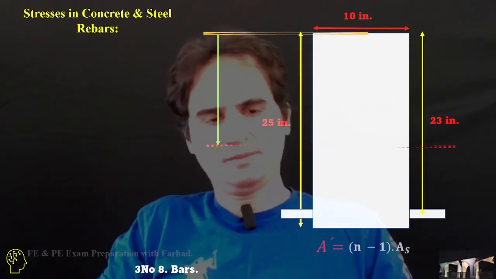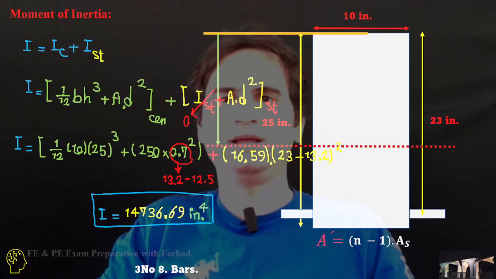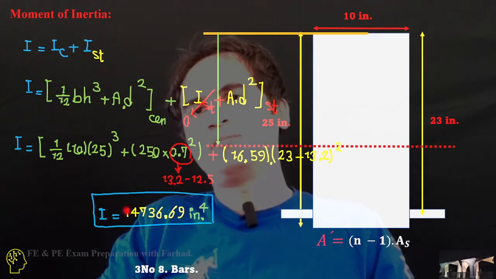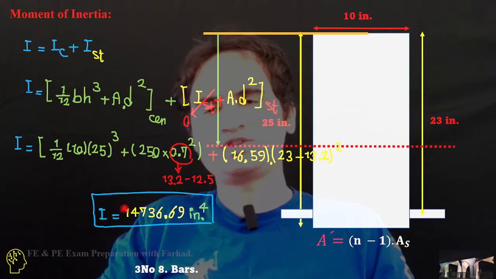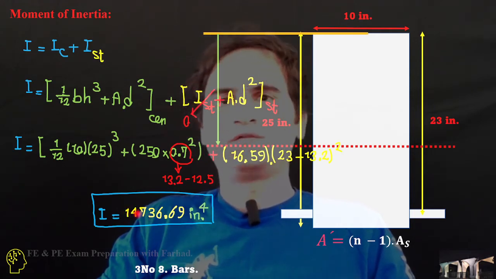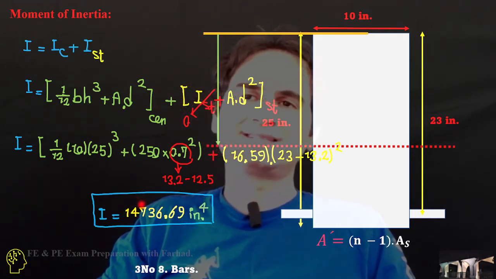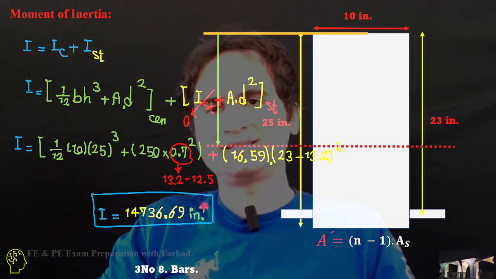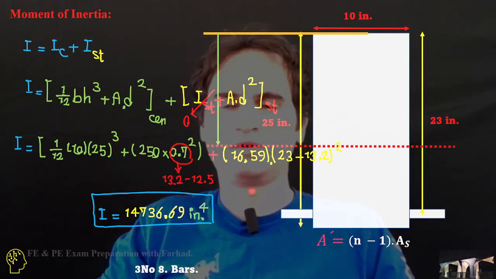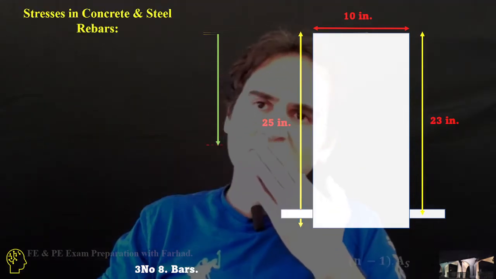If you just do the math, it gives us a moment of inertia equal to 14,736.69 inch to the power of 4.